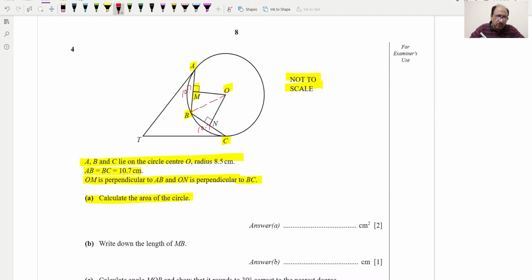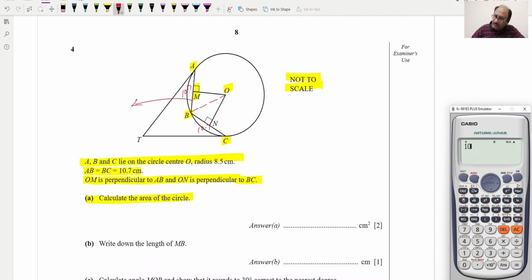Half of this, MB, we can calculate. 10.7 divided by 2 will be equal to 5.35.